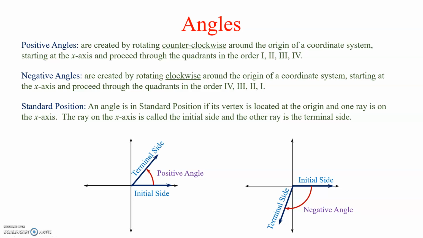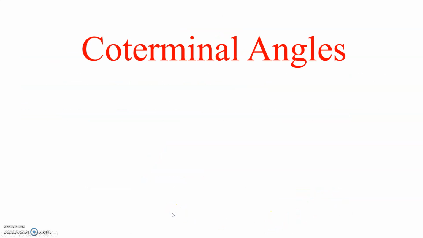So both of these angles are said to be in standard position, while the first one opened counterclockwise, positive, and the second opened clockwise, negative. So we'll take that understanding and transition to coterminal angles. Well, as the word indicates, terminal, same terminal side.